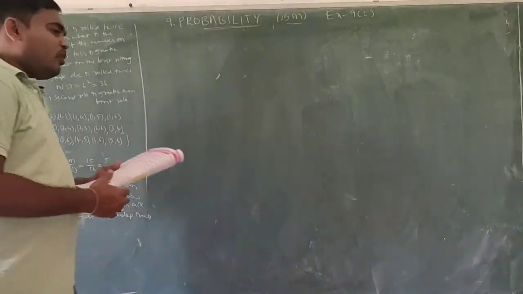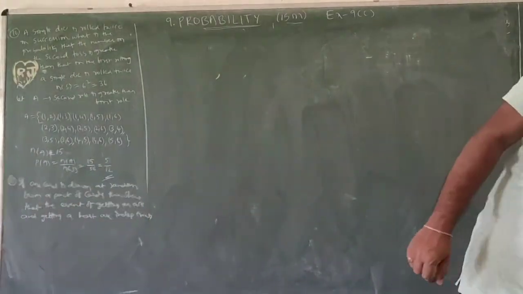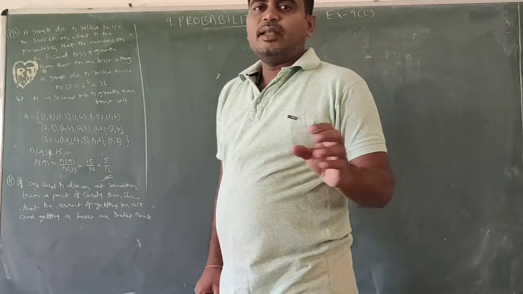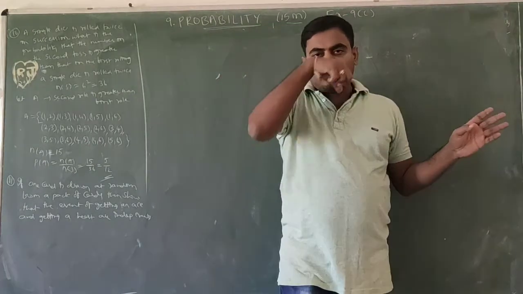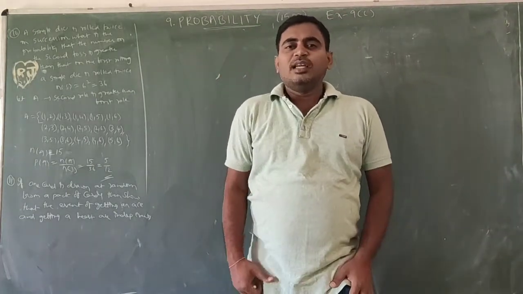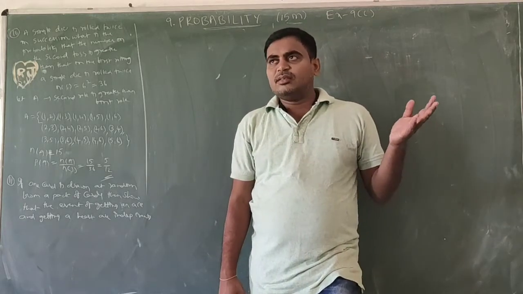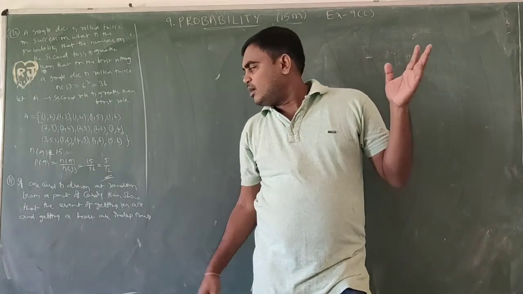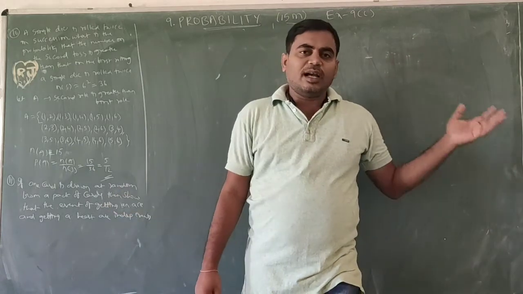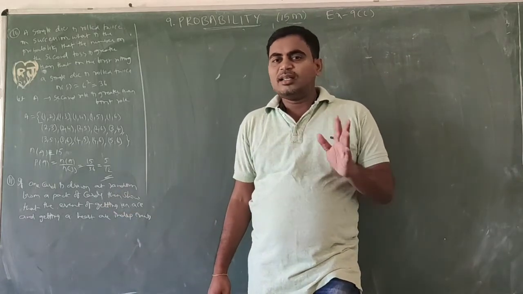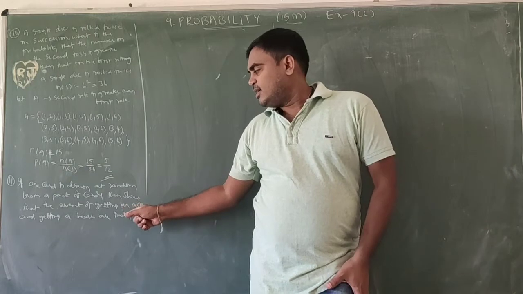Okay, so actually how many cards? 52 cards. In a deck of cards, 52 cards. In these 52 cards, one card is picked. If the card is picked, the event either it is an ace or another one it is a heart.